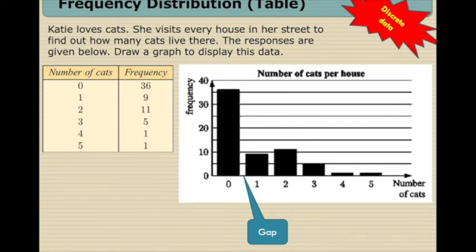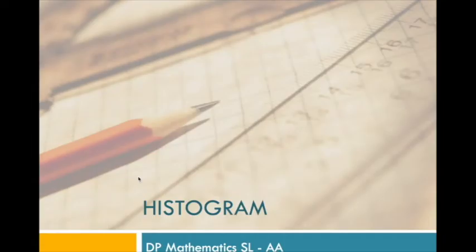So that's the difference. We have seen how to present continuous data. We use a histogram, a bar graph with no gaps. Next, I will show a couple more examples where we present continuous data.